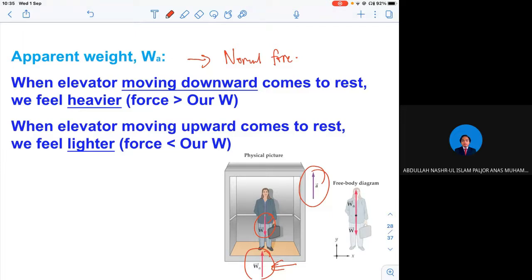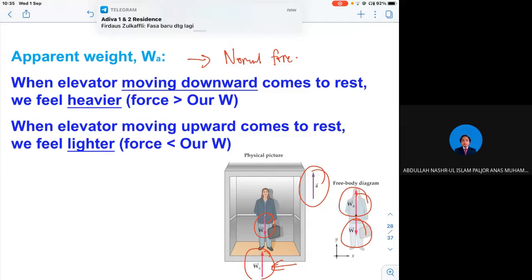Either it's going up or going down. The elevator can only be up and down; it cannot be left to right. So we can measure it by using the free body diagram, W and WA. But sometimes I don't want to use it. I always use it as N, the normal force, because the elevator must have its own floor.